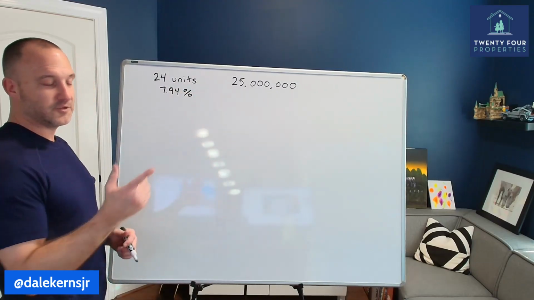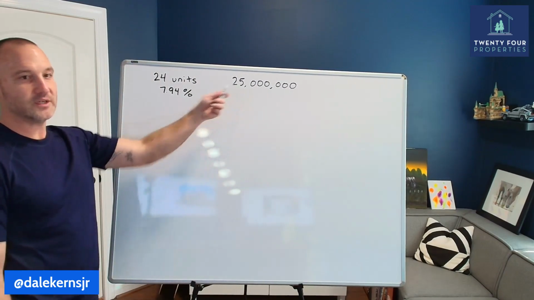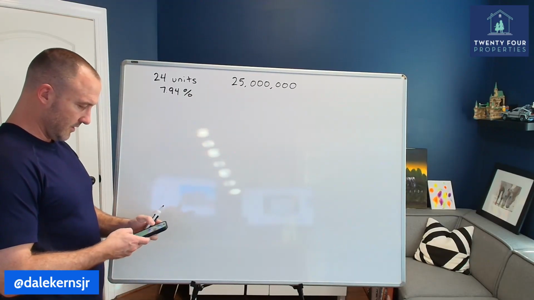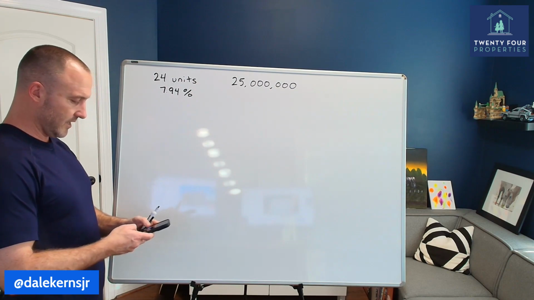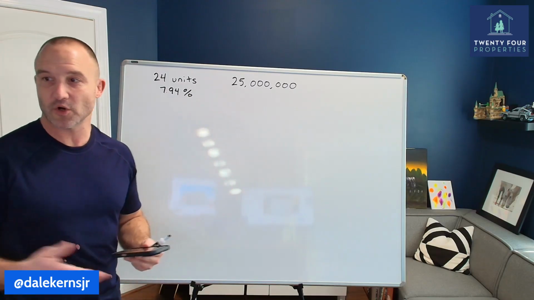As I've shown in previous videos, if we have the asking price and the cap rate, then we can figure out the NOI and whether this is going to work or not.